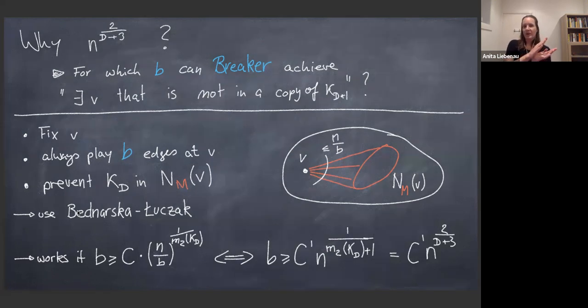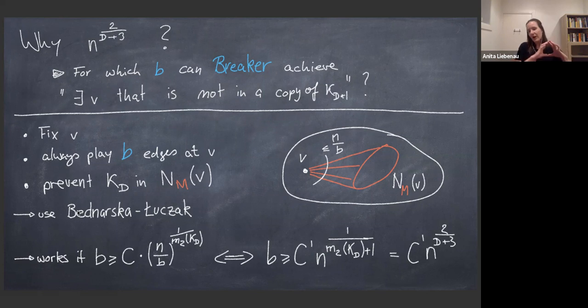And now all we need to do, let's assume for a second that Maker is in favor for us and only plays at v. And so we know exactly what is the neighborhood in Maker's graph. And then in this neighborhood, we have to make sure that there won't be a copy of K_d. So if we can obtain that, then this vertex v will not be in a copy of K_{d+1}.